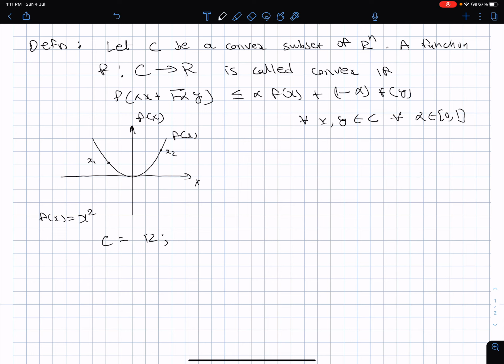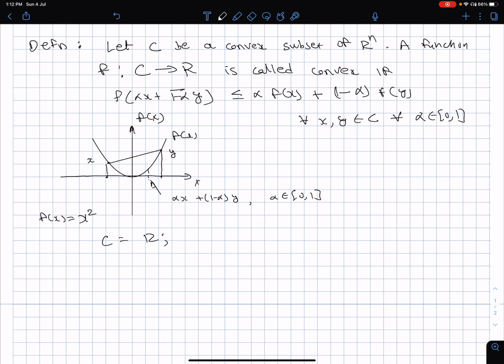So now let me call these x and y, the way we are calling it here, and I connect a line segment here. Now, if I take any point intermediate between x and y on this line segment, this is alpha x plus 1 minus alpha of y, where alpha is coming from the closed interval 0 to 1.